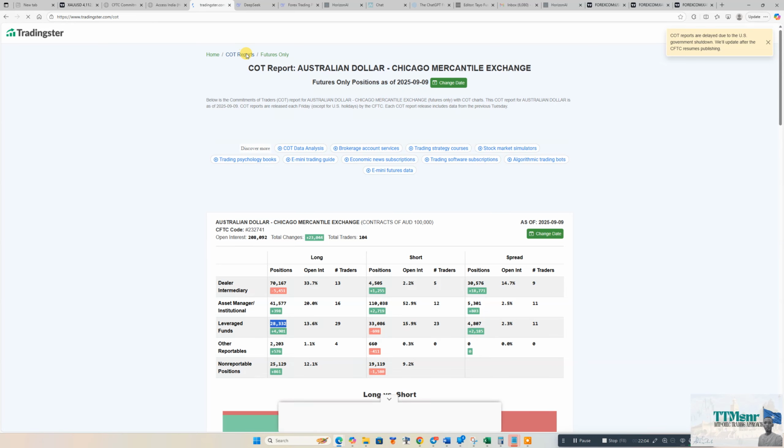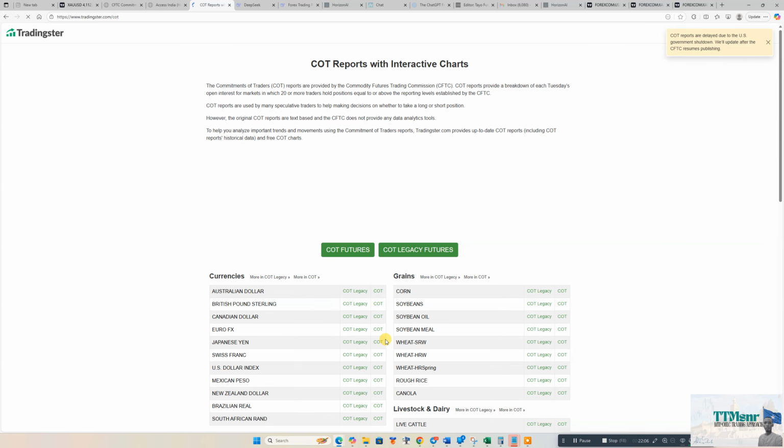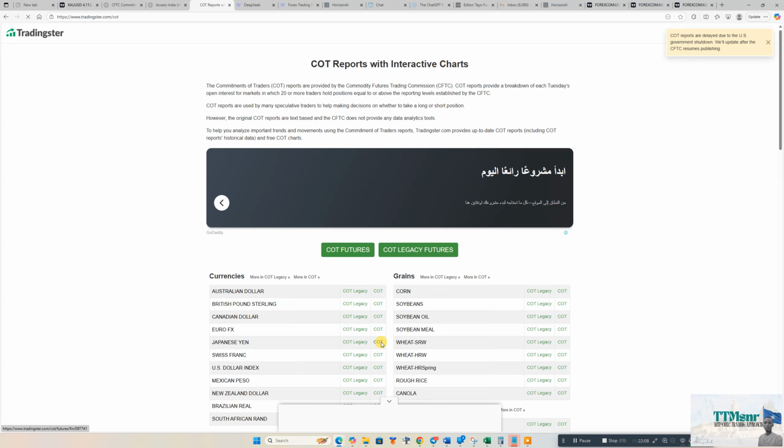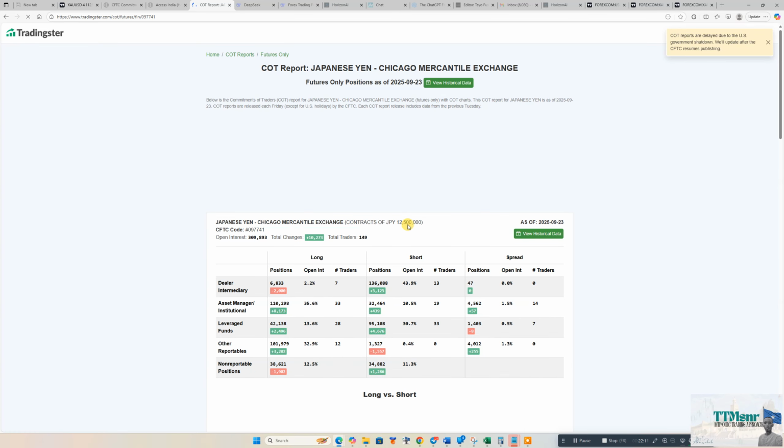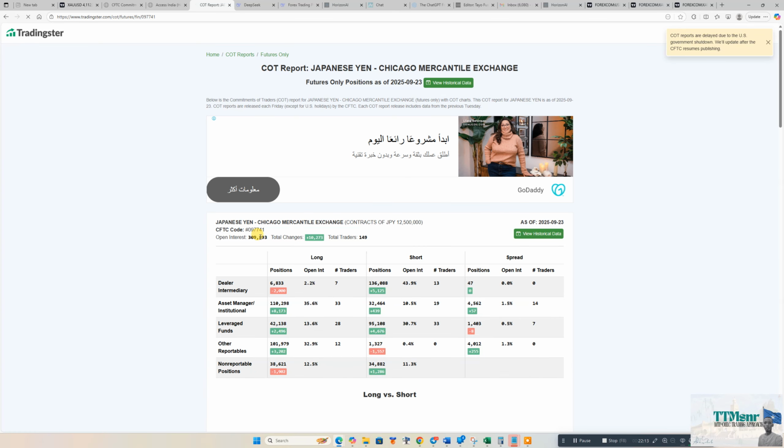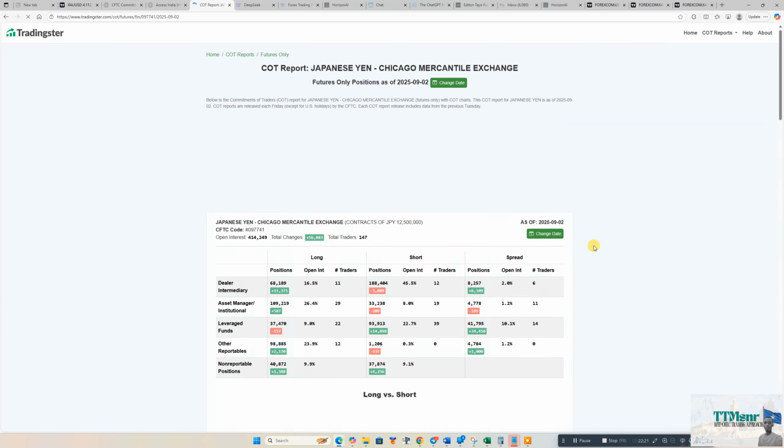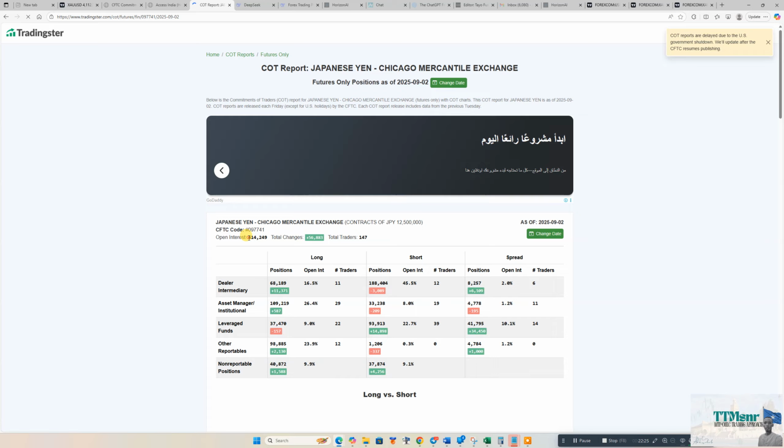Back to Japanese yen. That's the JPY. Open interest of the first week.